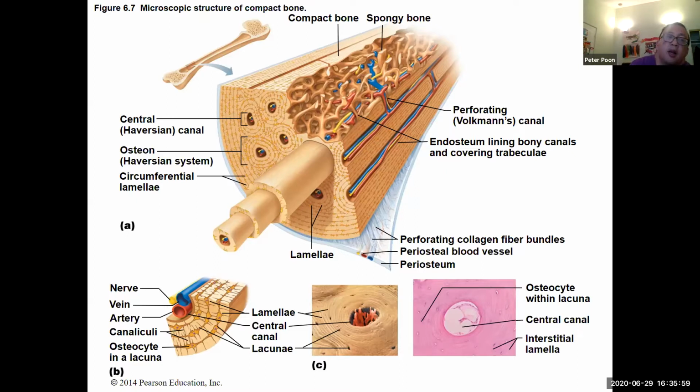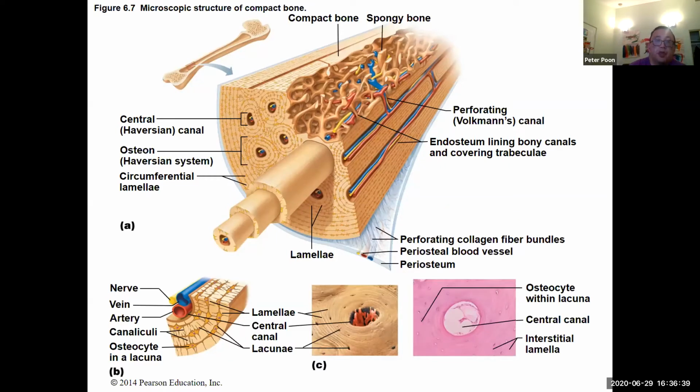They're also called concentric lamellae because they run in concentric circles. You also have solid bone that runs all the way around the edge of the long bone. Those lamellae are called circumferential lamellae because they run around the circumference of the bone.